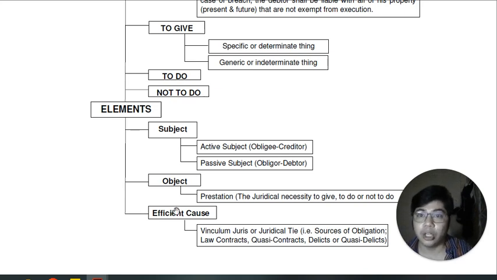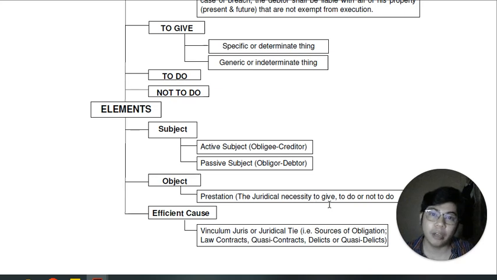Next is the prestation or the object. When we say prestation or object, this is the juridical necessity to give, to do, or not to do. Again, in case analysis, if there is a construction of a house and you are asked what the object is in this case, it is not the house. It is the construction of the house because it is a to do.